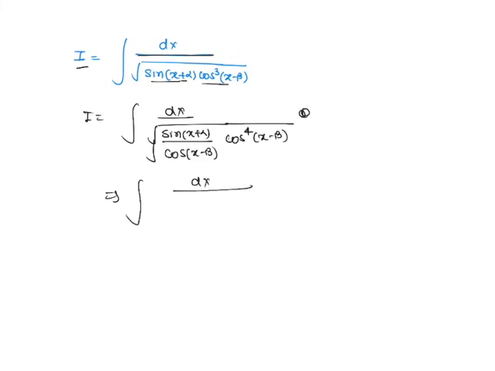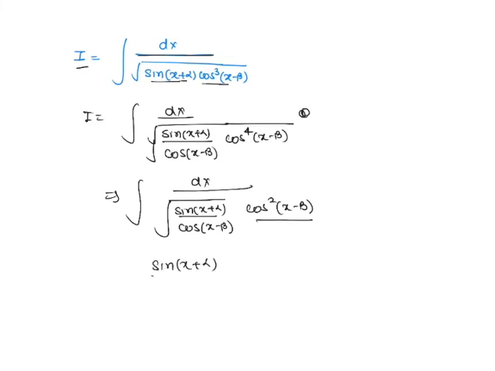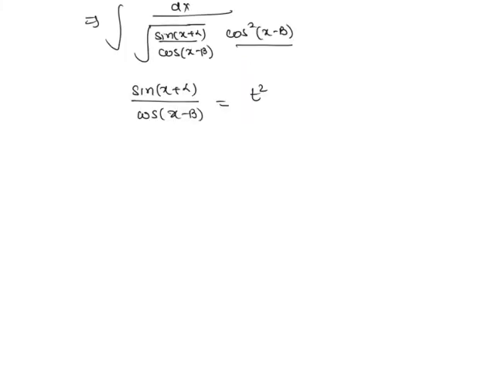dx upon root over sine of x plus alpha divided by cos of x minus beta, into cos square of x minus beta, into dx. So here what we will do is take sine of x plus alpha divided by cos of x minus beta equals t square. We will differentiate this.